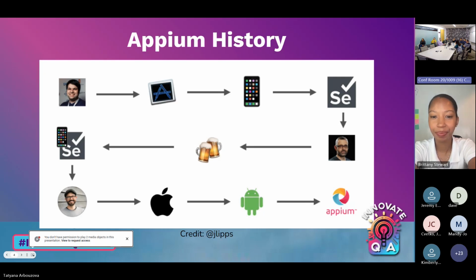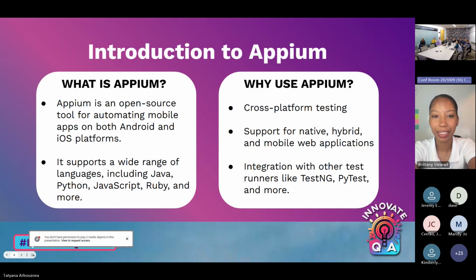Okay, moving on. A bit more about Appium. Appium is an open source tool for automating mobile apps and devices for both Android and iOS. But besides that, you can also automate TV platforms. There's at least a few TV drivers out there, potentially automation of the auto industry, like cars.